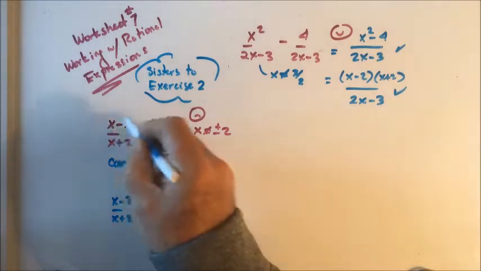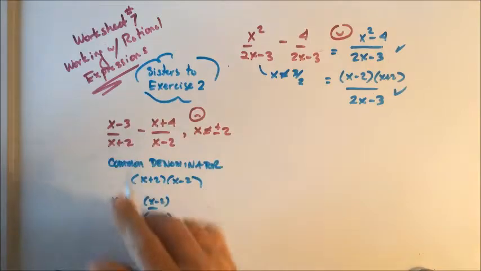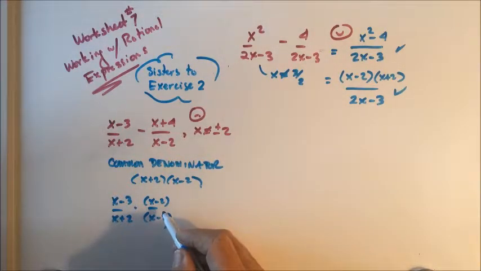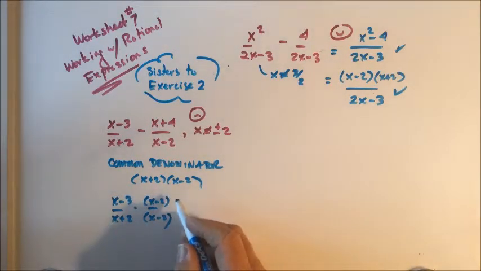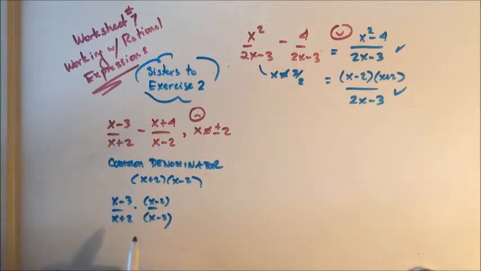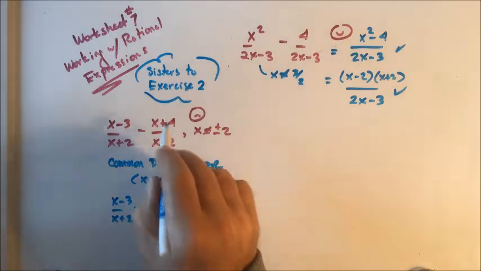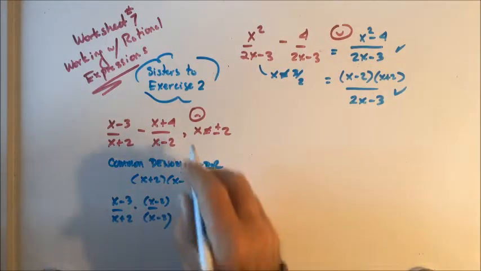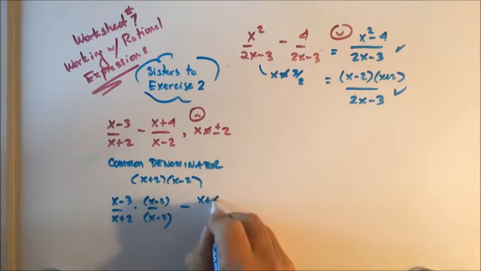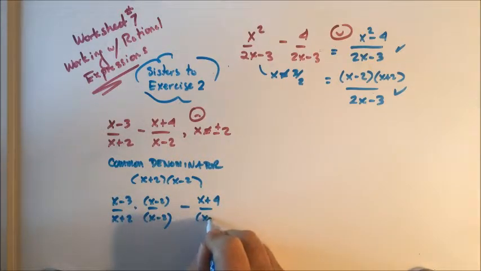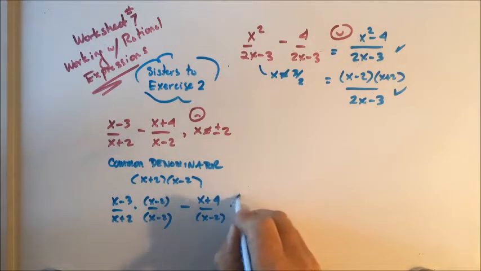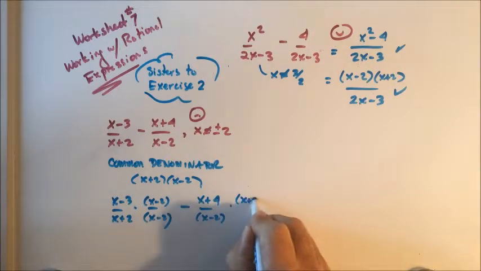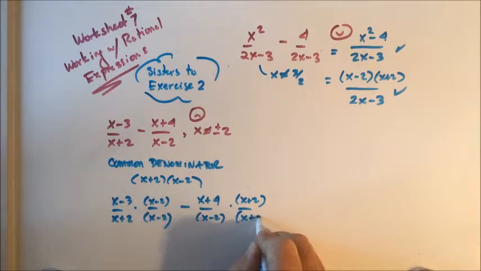So I've taken the original expression in the problem and I've multiplied it by 1. So it's all good. We haven't changed anything at all. We just multiplied it by 1, and we've changed the denominator to one we're going to be able to make this second term look like, because I'm going to take this second term and multiply it by x plus 2 over x plus 2.